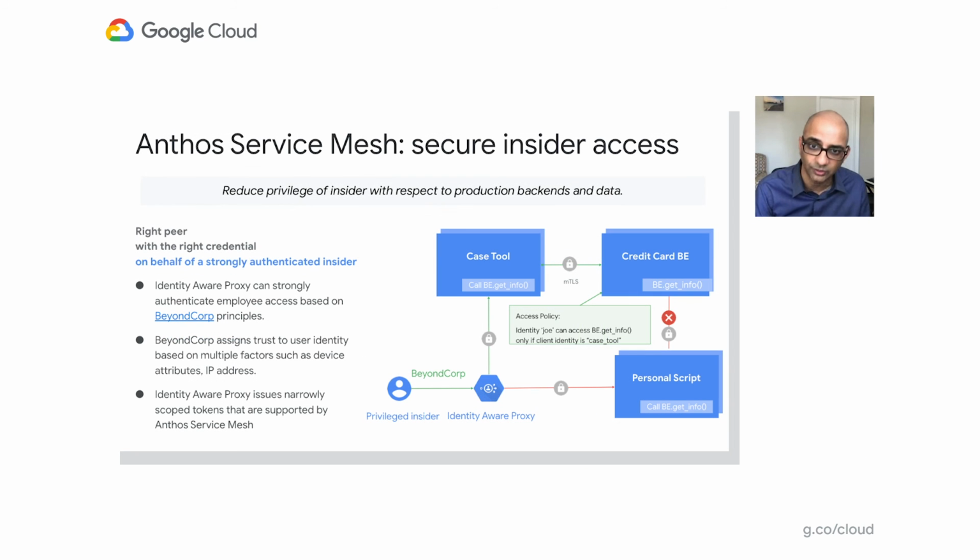But at the mesh layer, you can ensure that this valid insider is actually accessing the data via the right front end, such as the case tool over here, which could implement obfuscation of PII as needed. It will deny access if the same privileged insider were to deploy their own personal script and then try to gain access to data without going through the case tool.